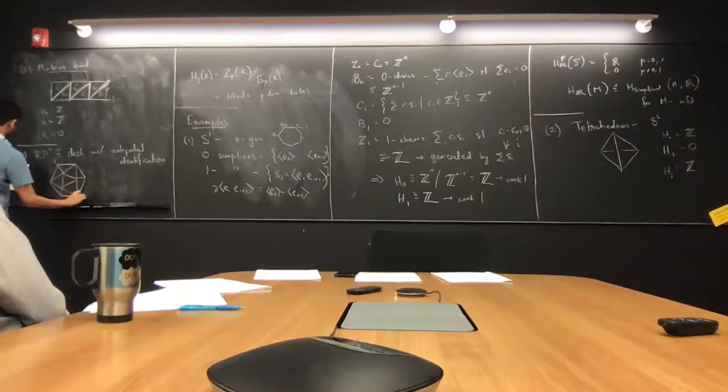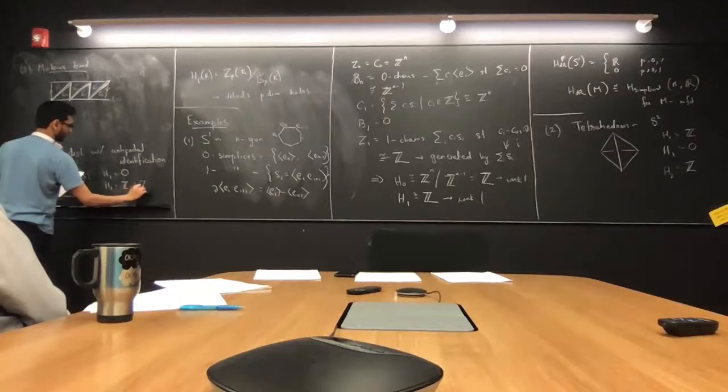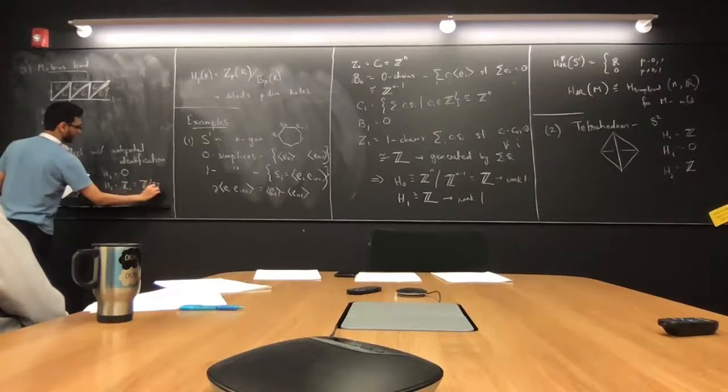So this point is identified with this one, this is identified with this, and these 3 points are distinct. So once again, H2 is 0. H1, on the other hand, is given by Z2, which is Z mod 2Z.